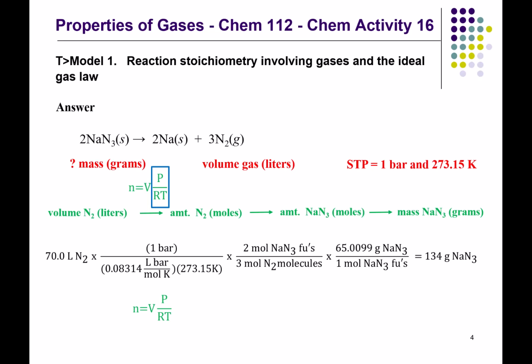If we're doing this at a higher temperature, note that the temperature term is found in the denominator. So if it's a higher temperature, you can see that this would result in a lower amount of material, lower moles, required to generate that same volume of gas. If it's a smaller amount of gas that's needed, it would be a smaller amount of sodium azide that would have to react, and therefore a smaller mass of sodium azide that would be required.